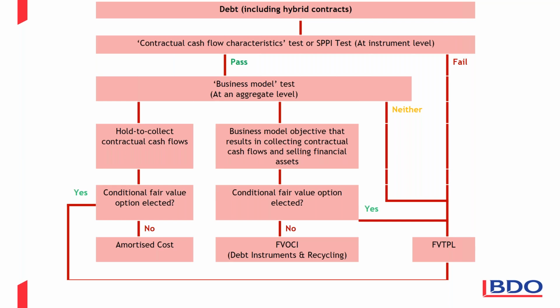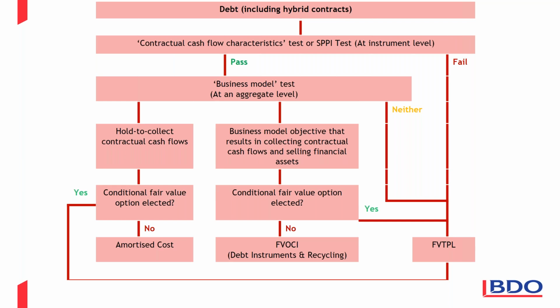If your business model is neither of those two, you end up with fair value through profit and loss. So for financial assets that are debt instruments, it's quite a complex process, and debt instruments would include hybrid contracts.